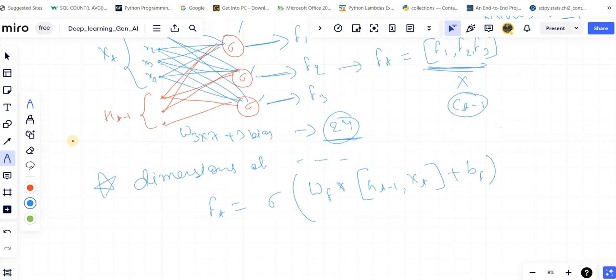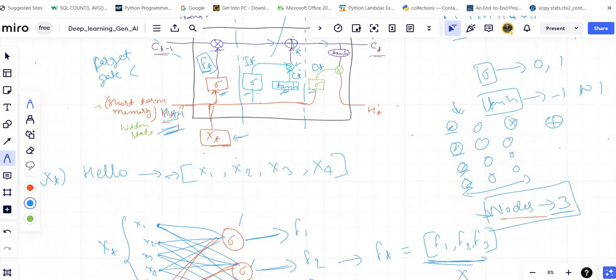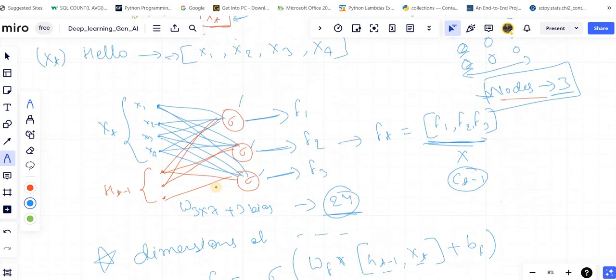You can see ht minus 1 and xt are concatenated, then the bias is added, and it is passed into the sigmoid. That is the ft formula.